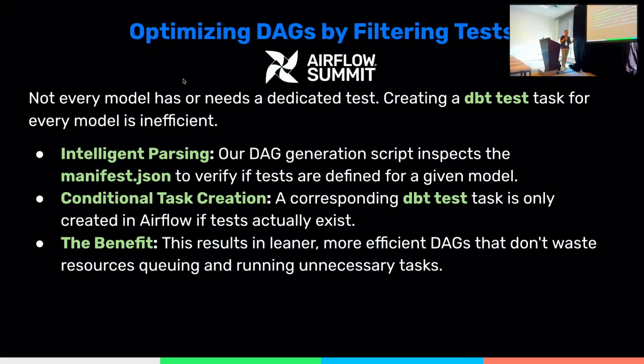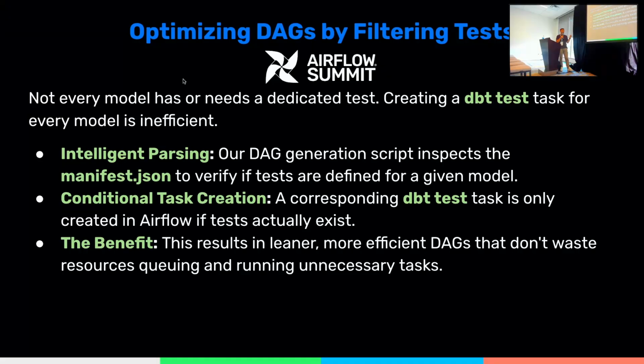Okay, so why don't we filter out models that don't have tests and not create a DBT test task in Airflow? Easy. The manifest.json file contains all the information, and it's going to tell you that your specific model doesn't have any DBT test to run. So you're just going to filter out those models from the DBT task or the DBT tag.